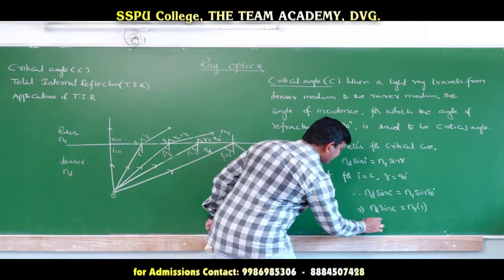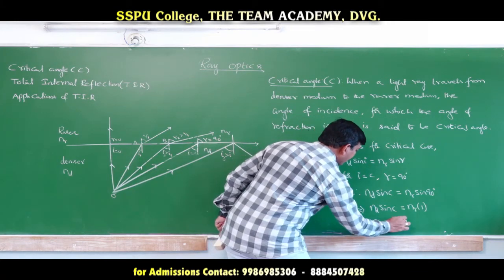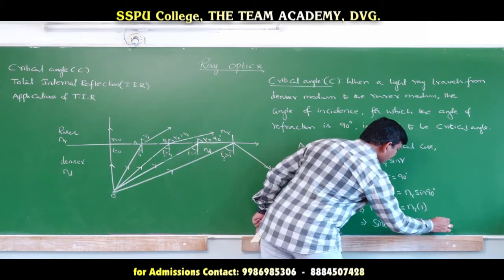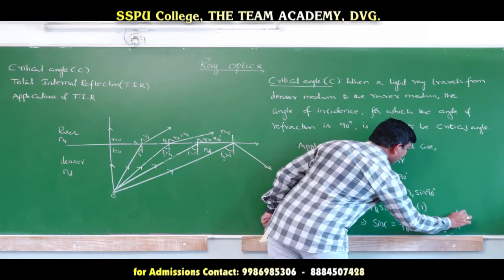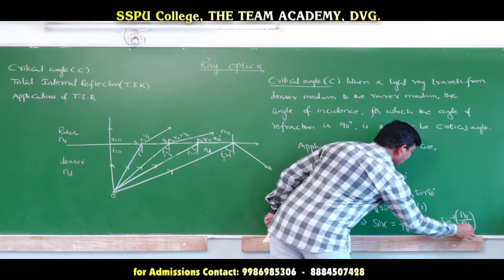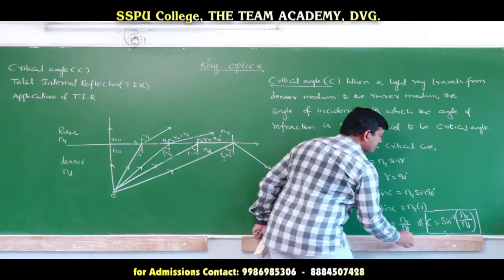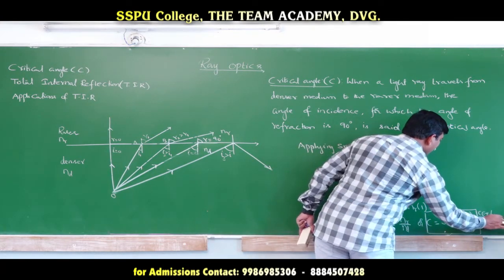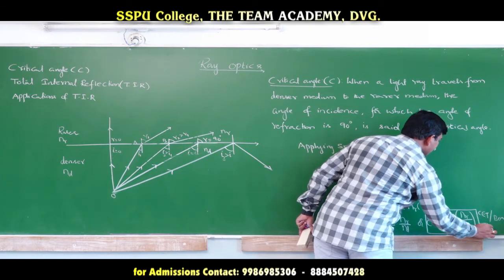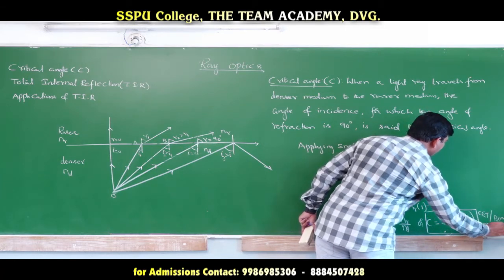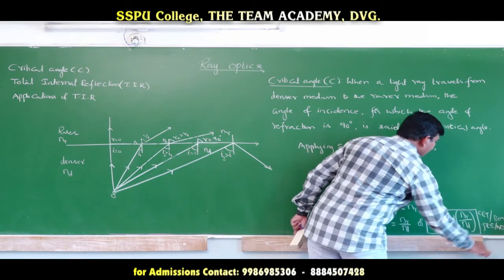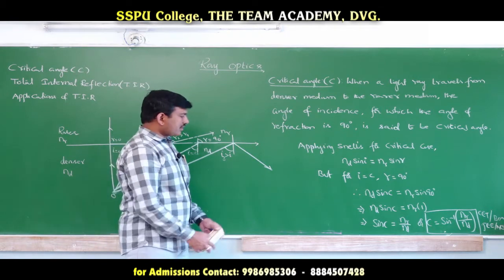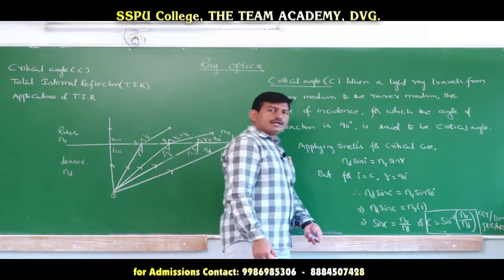This implies sin C is equal to Nr divided by Nd, or else C is equal to sin inverse of Nr by Nd. This is an important formula for board level exams, JEE exams and NEET exams. What is the critical angle formula? Critical angle C is equal to sin inverse of Nr by Nd.